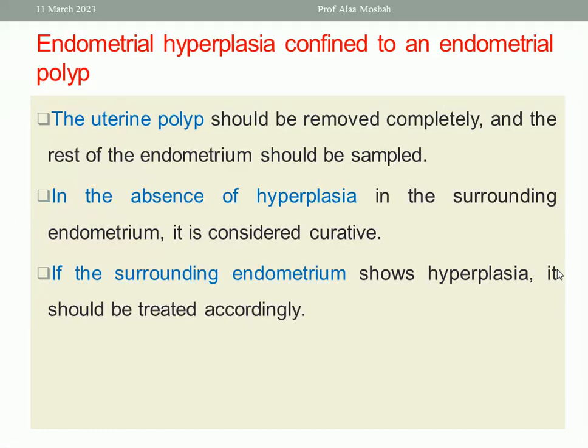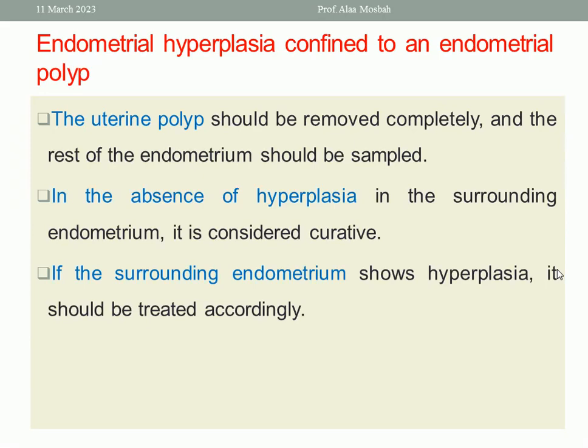Okay, what if the endometrial hyperplasia is confined to an endometrial polyp? This uterine polyp should be removed completely by hysteroscopic resection, and the rest of the endometrium should be sampled.